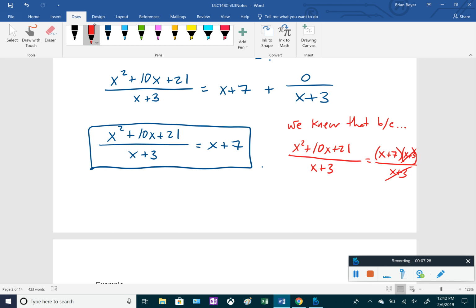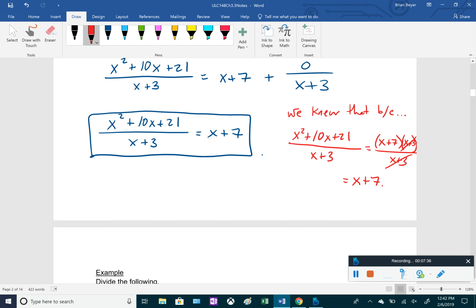The x plus 3's cancel and we're left with x plus 7. So that obviously won't always happen, but that's kind of a nice way to check our answer.